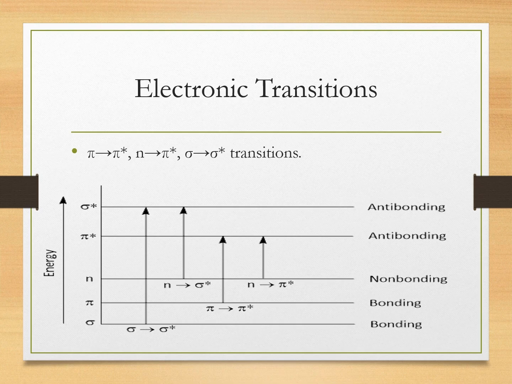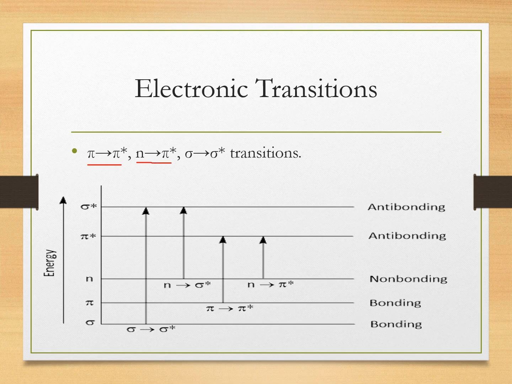There are several electronic transitions, such as pi to pi star transitions, n to pi star transitions, and sigma to sigma star transitions. Pi to pi star transitions mostly occur in conjugated systems.